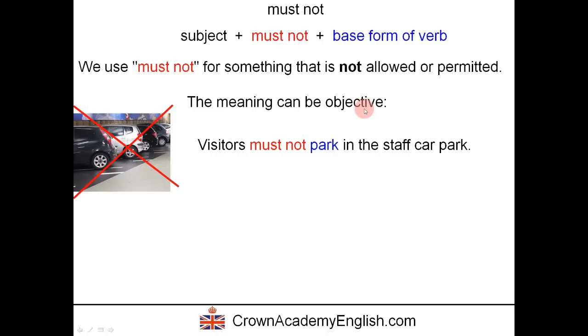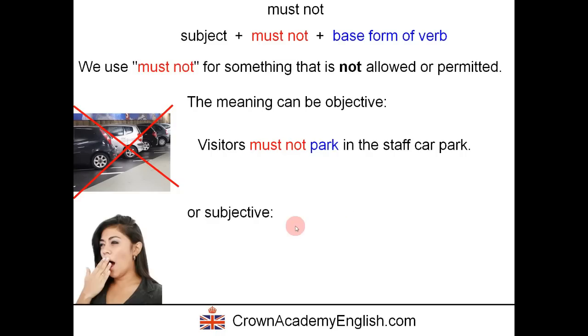But the meaning can also be subjective. So we can also use this structure for a more subjective or internal obligation. So here is Claire, who is very tired today. And since she is tired, she says, I mustn't go to bed so late.